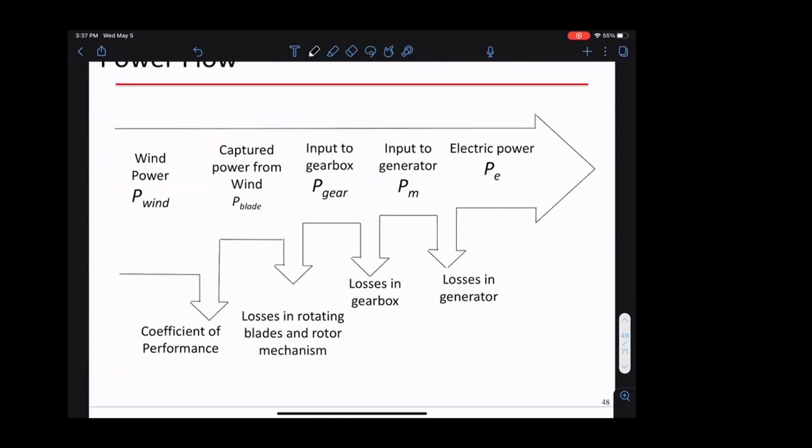In this class, we don't have time to compute these losses. But if you take a class like 451, you will compute how much each of these losses are and put some numbers to them. For this class, it's enough to know where you're losing power.